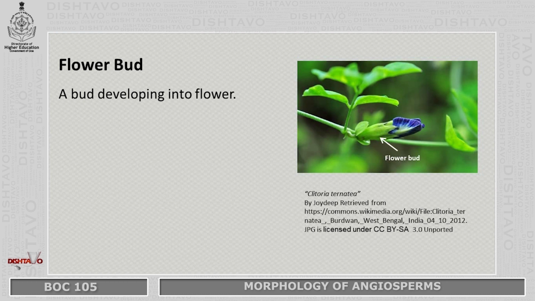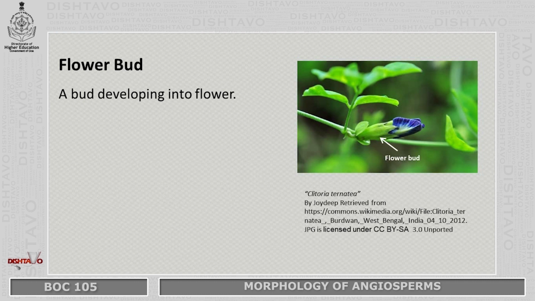Whether it will develop into a shoot or flower depends on the external signal received from the climatic conditions and the gene expression. So based on gene expression, whether the vegetative bud or the axillary bud will develop into a shoot or flower is decided by the genes of the plant.